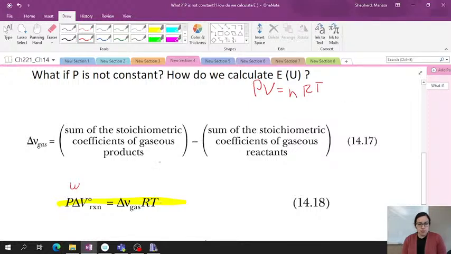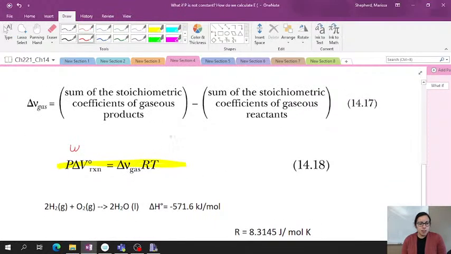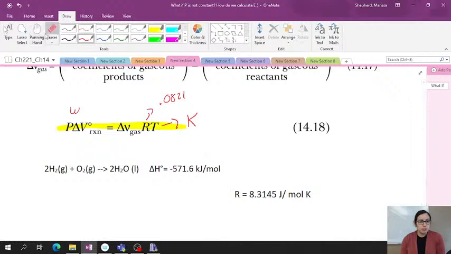So there's your RT. And so T has to be in Kelvin, or else it won't make any thermodynamic sense. And then R should be 0.0821. Oh no, wrong R. My bad. So R is this one, 8.314, so joules per mole Kelvin. And so notice that that's joules, not kilojoules.